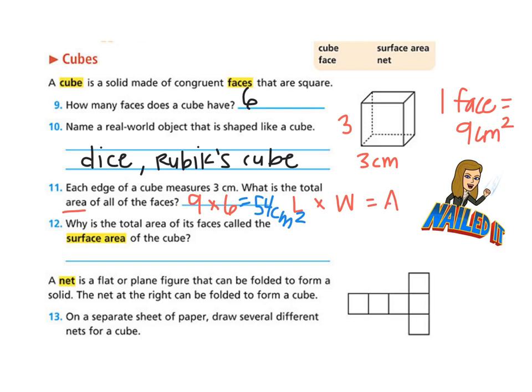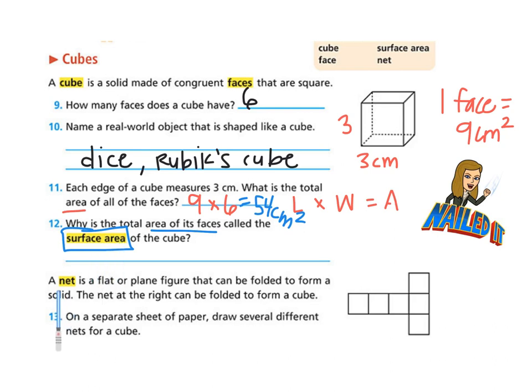Now, when you find the area of all of its faces, you are finding what's called the surface area. Surface area is essentially like you wanted to find how much paint you would need to paint the outside of a box, or how much printing you would have to print to cover the outside of a die or a Rubik's Cube, for example. So surface area is finding the area of all of the faces on a 3D figure.